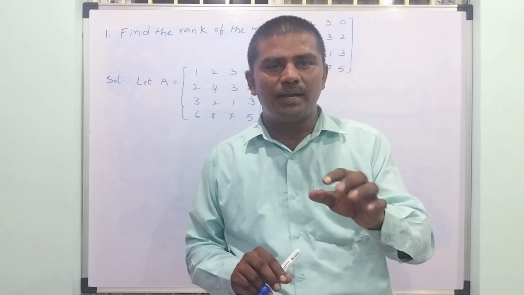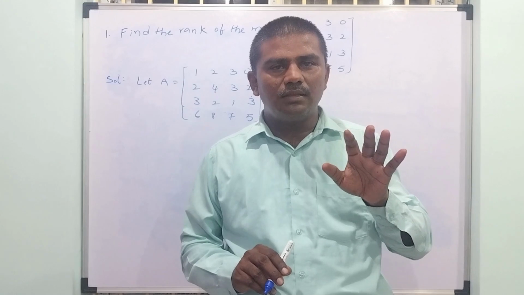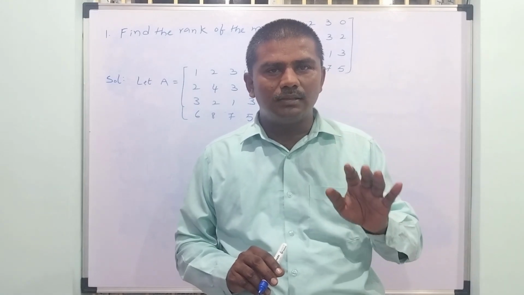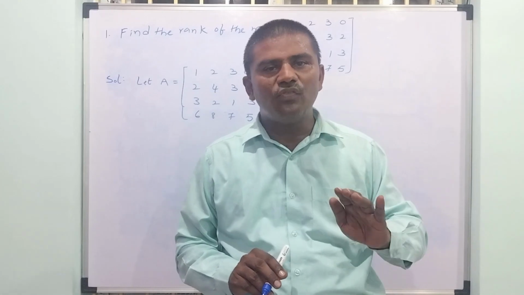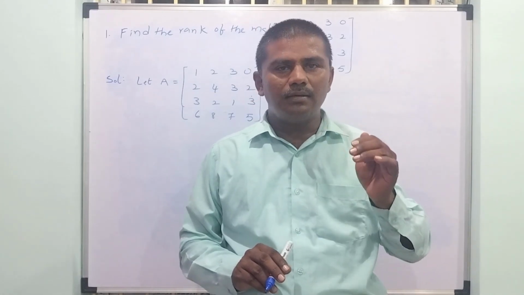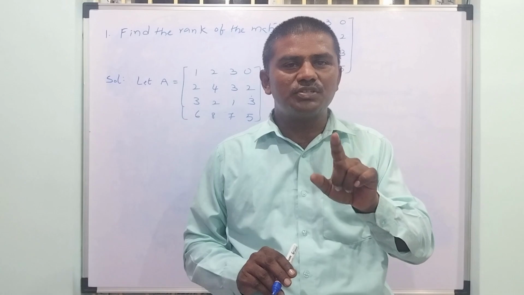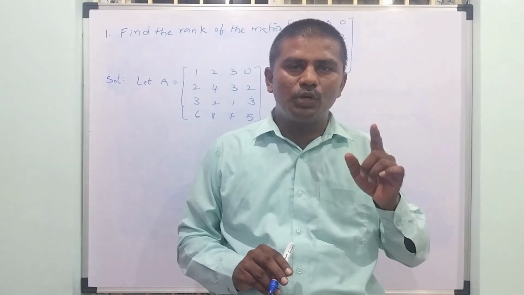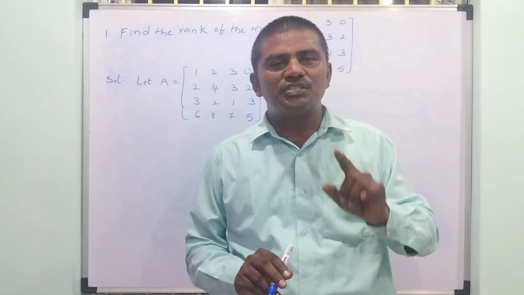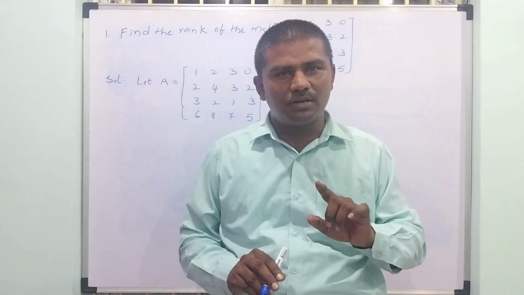I have already explained that if any zero row is there, it should be below the non-zero rows. And the number of zeros before the first non-zero element in any row should be less than the number of such zeros in the next row.